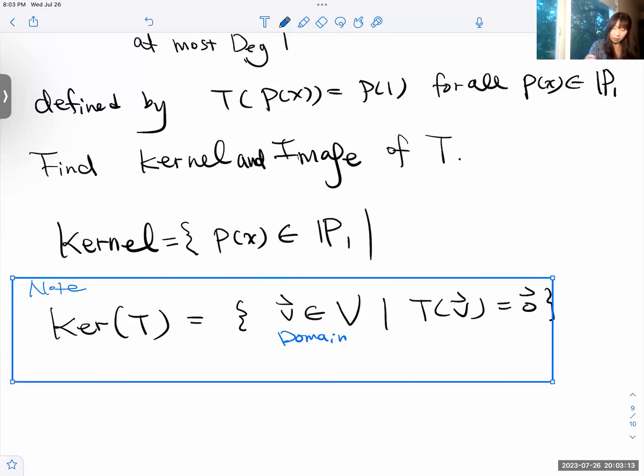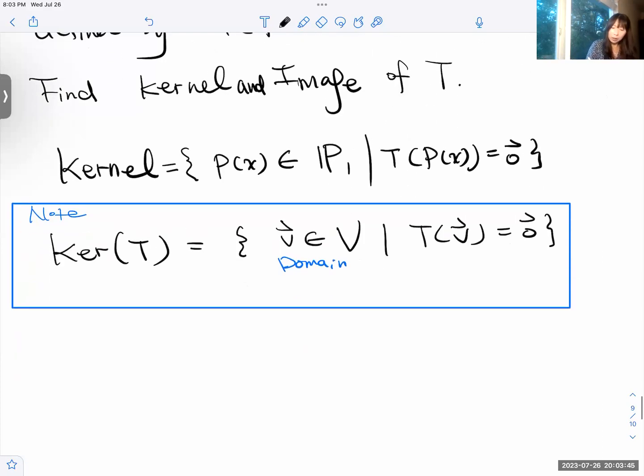We input P of X such that T of P of X equals the 0 vector.